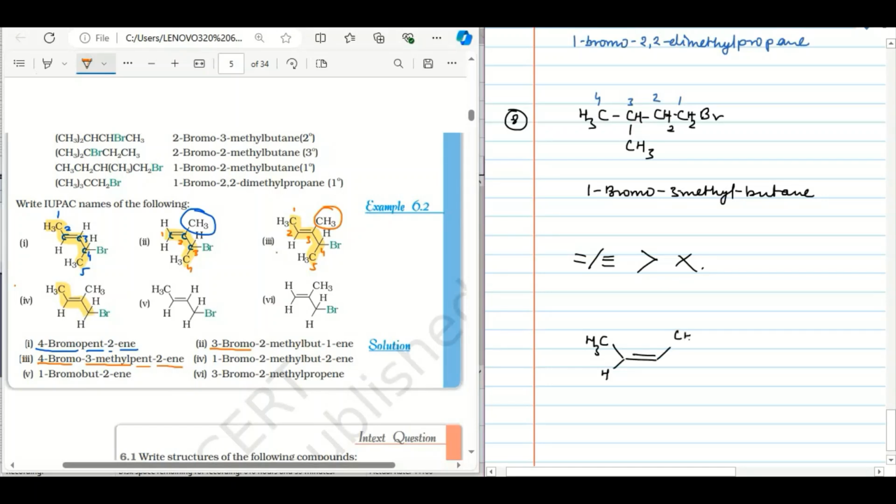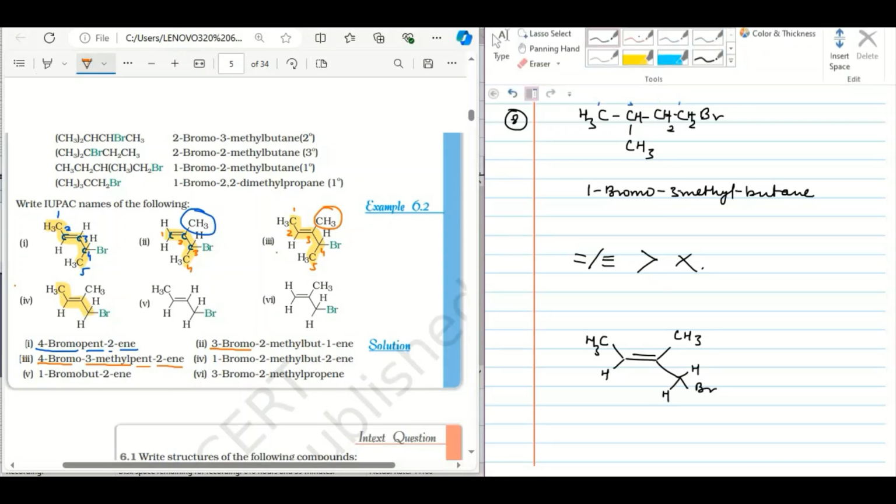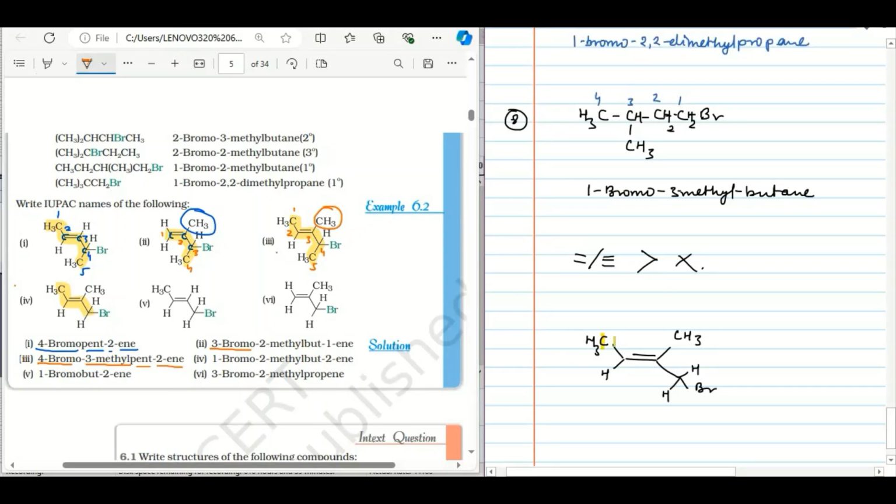Here CH3. Here it is bonded to H. This is Br and this is again H. So the longest carbon chain is 4 carbons long. Now we need to number this chain.